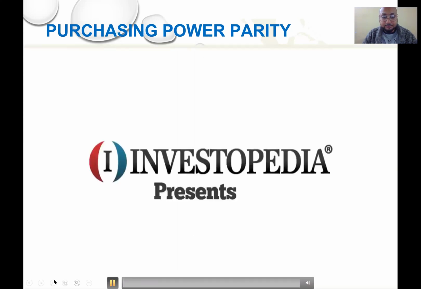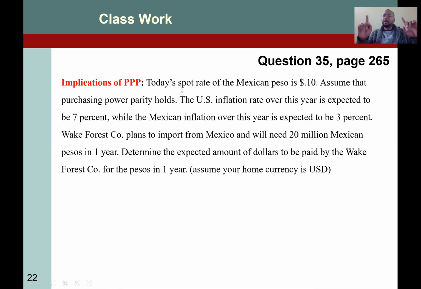So, right, you understand? What we learned from interest rate parity and purchasing power parity is that interest rate parity says that wherever we invest, we will end up earning the home country's interest rate, because if we invest in a foreign country, the forward premium will go up, right?